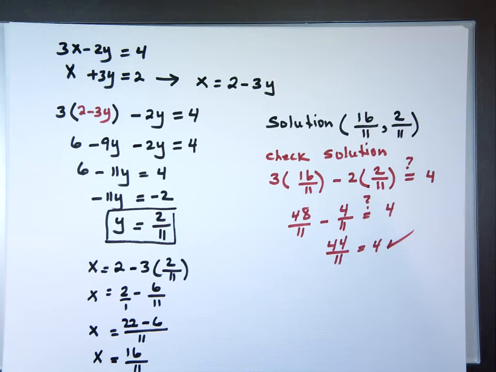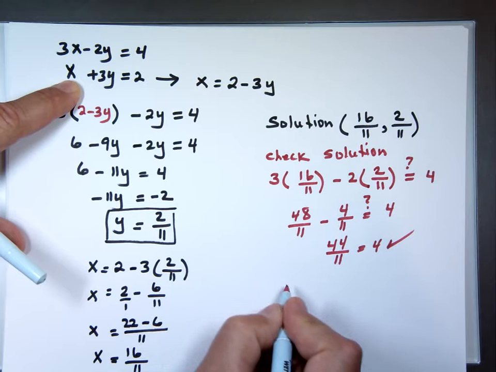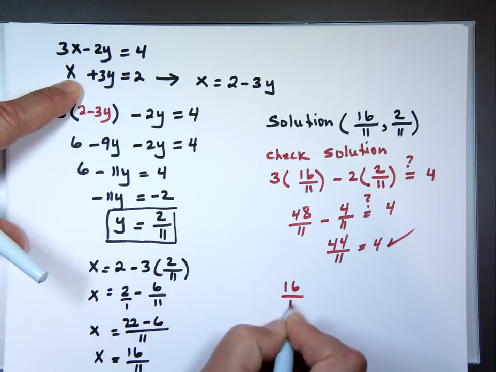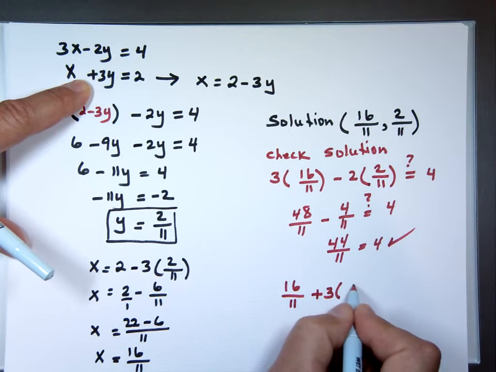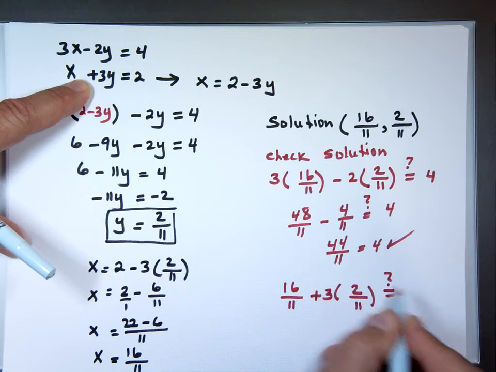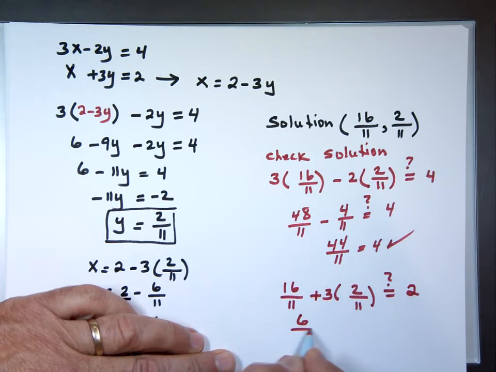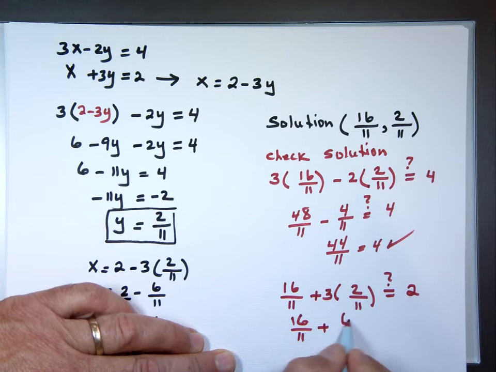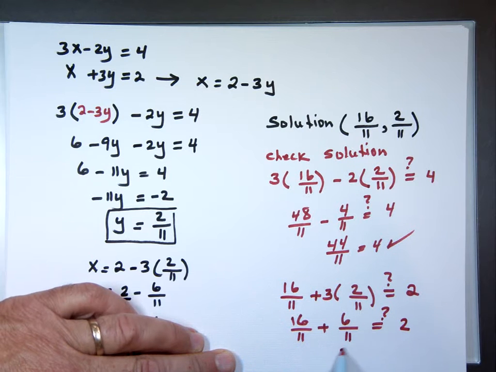Check the second equation, the original one. Go to this one. x, which is what? 16 over 11 plus 3 times y. y is what? 2 over 11. Does that equal 2? 16 plus 6 over 11, does it equal 2? 22 over 11, is that a 2?